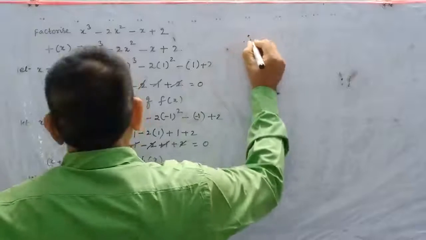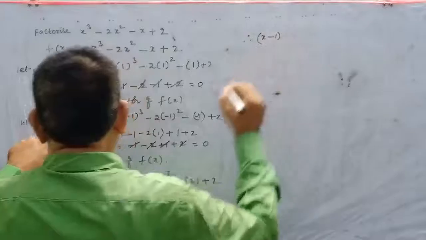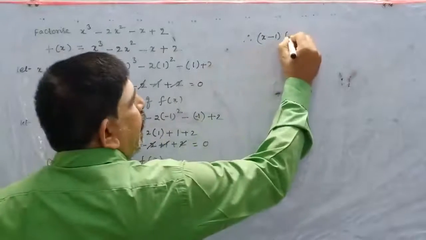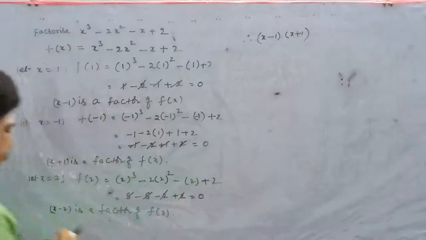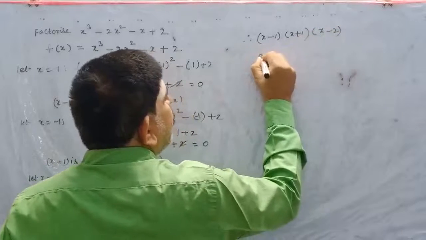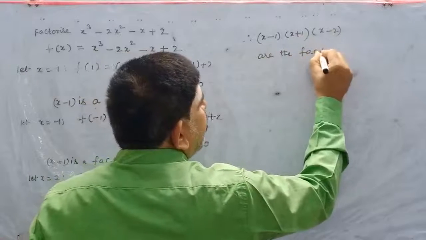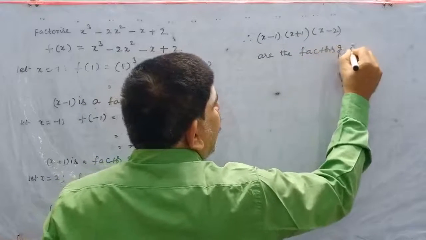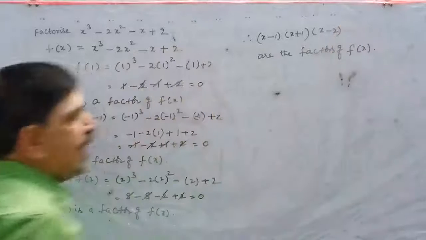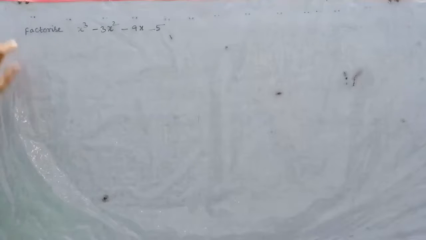Therefore x minus 1, x plus 1, and x minus 2 are the factors of f of x. So by using the trial and error method also we can find the factors.